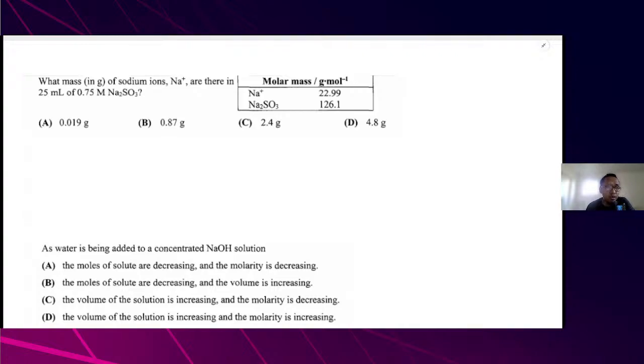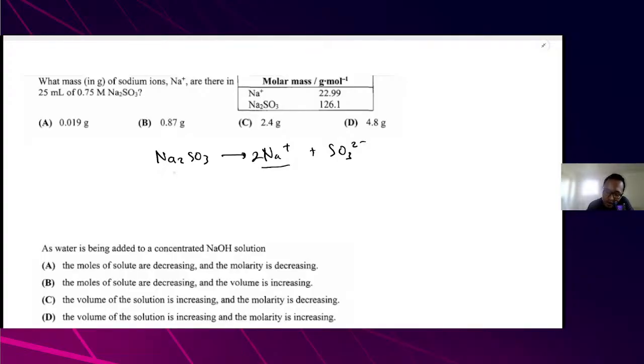To solve this problem, as you can see, Na2SO3 will give 2Na+ and SO3 2-. So the question is what mass of Na+ is there in 25 milliliters of this solution.